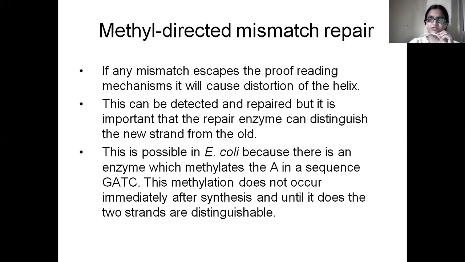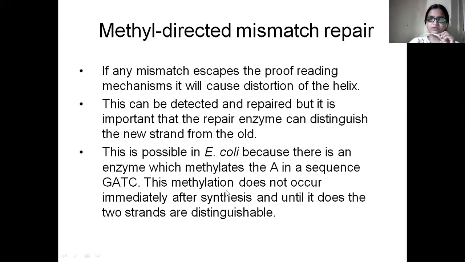Or if it is not repaired, then it will form a bubble or a distortion in the helix. This can be detected and repaired, but it is important that the repair enzyme can distinguish the new strand from the old. As we have discussed, the repair mechanism must be in a position to identify which one is the new strand and which one is the old strand.